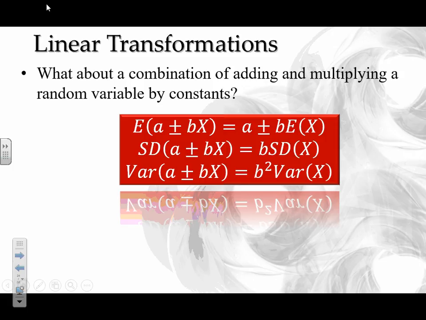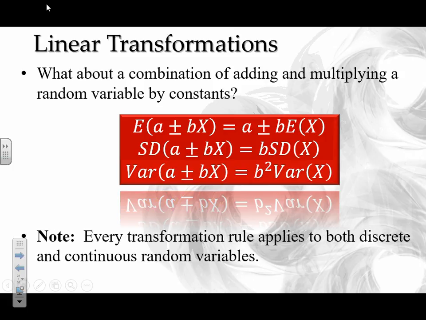We're going to have a whole new set of rules. Good news for you guys is we do not. Discrete and continuous variables react the exact same way under these linear transformations.